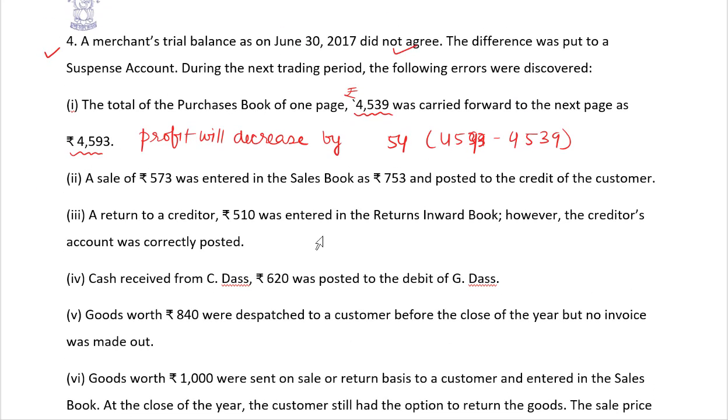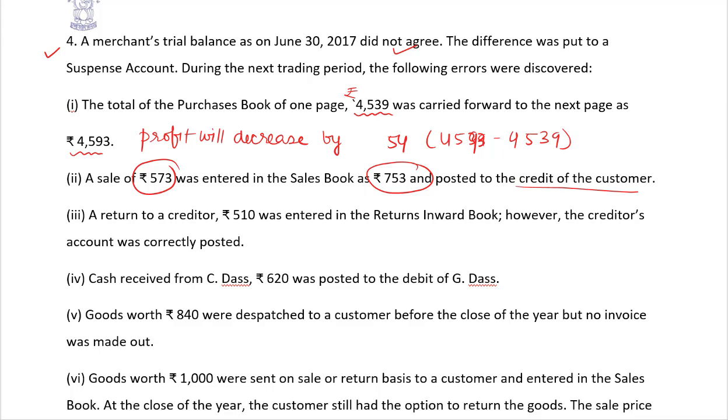Let us see the second entry now. A sale of 573 was entered in the sales book as 753. So profit will inflate obviously. It was posted to the credit of the customer.